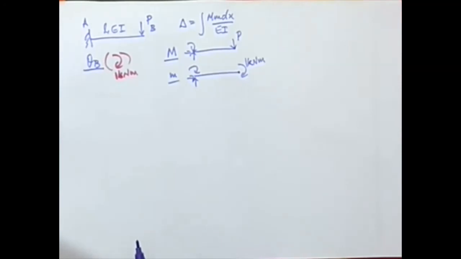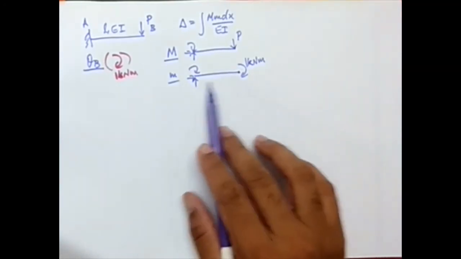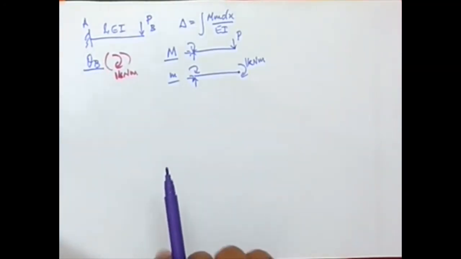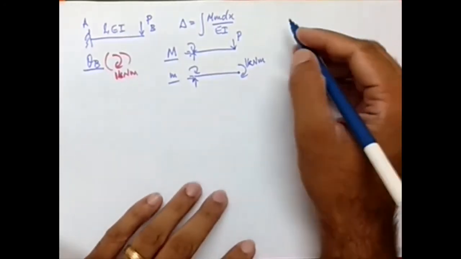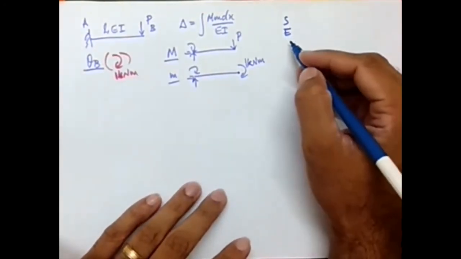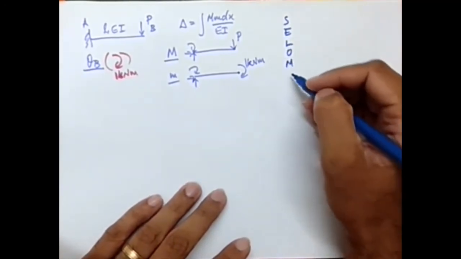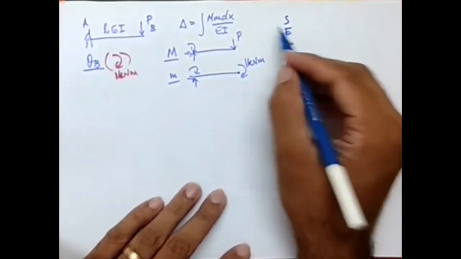Okay, so on application of this, we are going to get that. Fine. Now after getting this, we'll be going for the regular case, that is SELOM, and as it is the unit load method, small m.